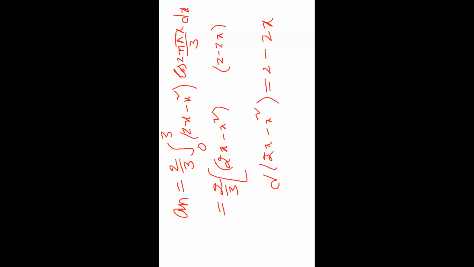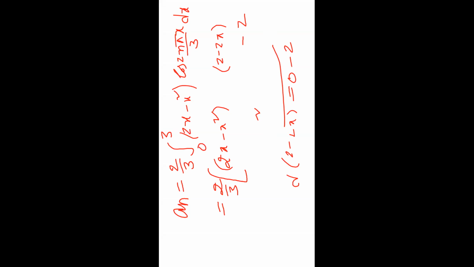And again, the derivative of 2 minus 2x. Derivative of 2 is 0, and derivative of minus 2x equal to minus 2. So minus 2. Arranging it by the Euler principle, the order of preference: first is the algebraic term. The algebraic term in the given problem is 2x minus x square.